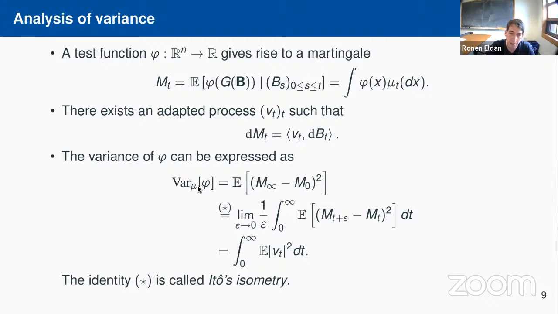So the variance of this function phi is by definition the variance of this Martingale, this process between time 0 and time infinity. This is the expected square of something, and we can think about it as the sum of expectations of the square differences, which, since they are uncorrelated, will just be equal.